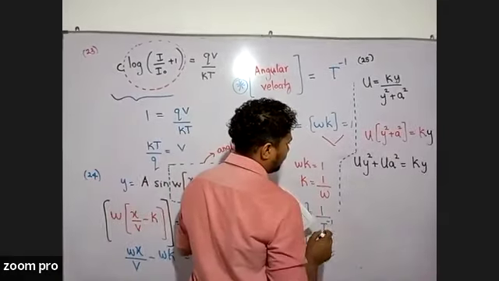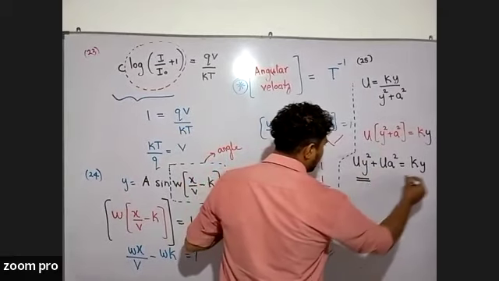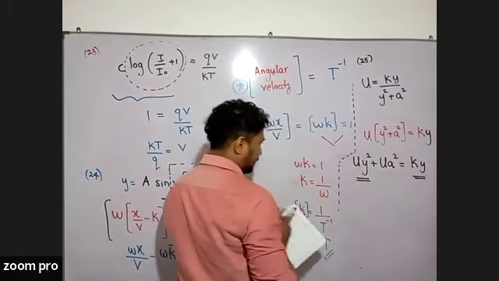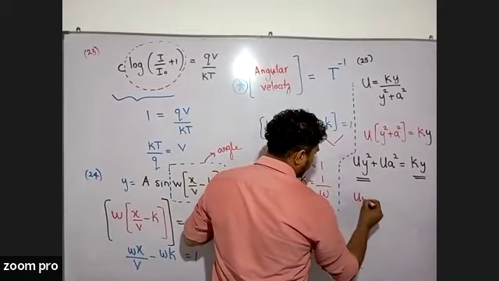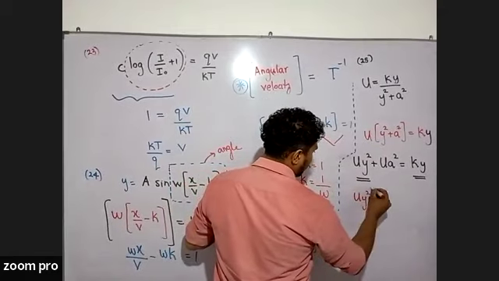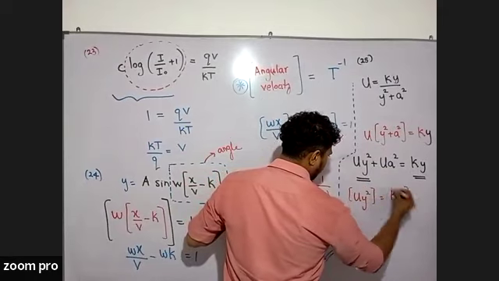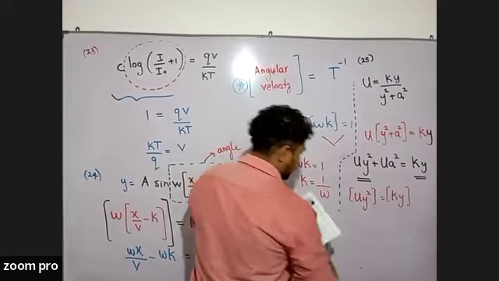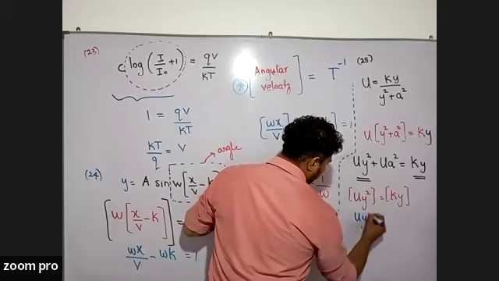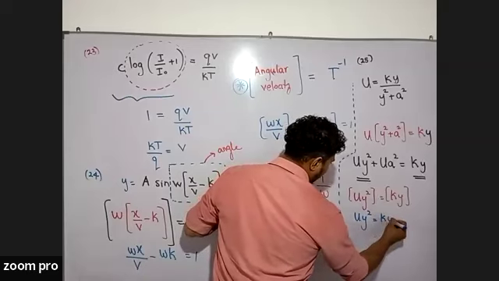To obtain the value for k, let's consider these two terms. Hence, dimensions of uy squared should be equal to dimensions of ky, right? So then uy squared equals ky.